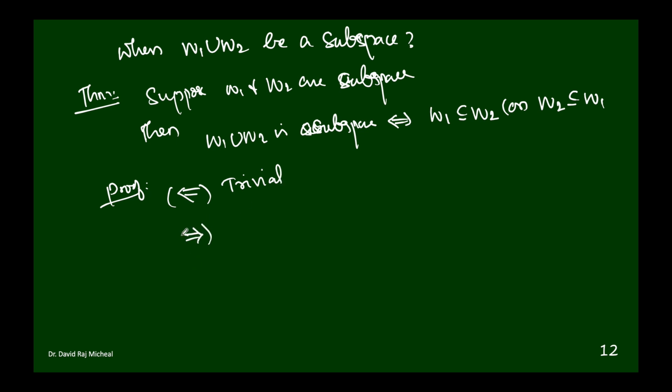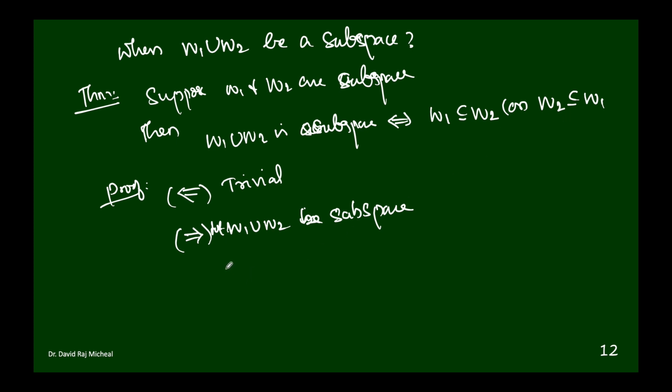Now, what is the forward implication? To prove the forward implication, I have to assume that W1 union W2 is a subspace. So that is clear. So let W1 union W2 be a subspace. Now the question was whether W1 is contained in W2, or the other one is true.